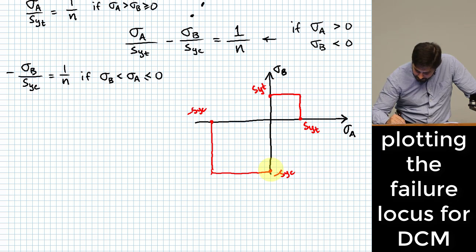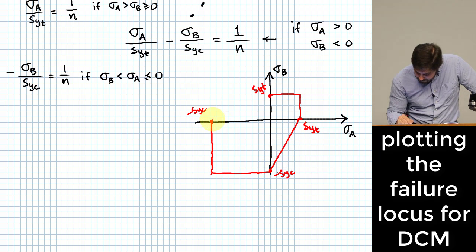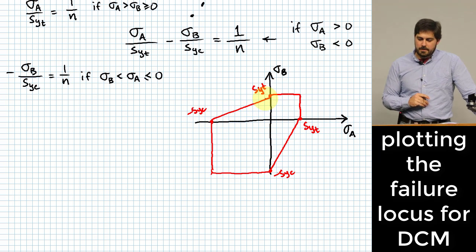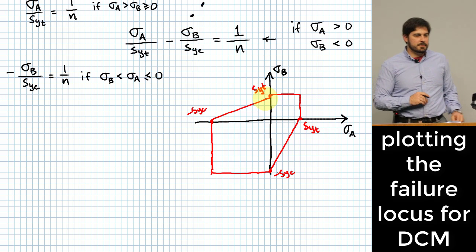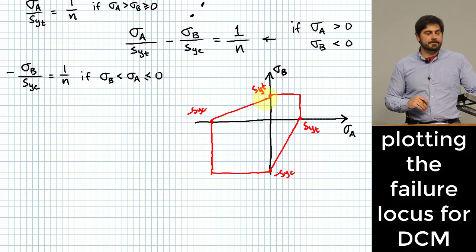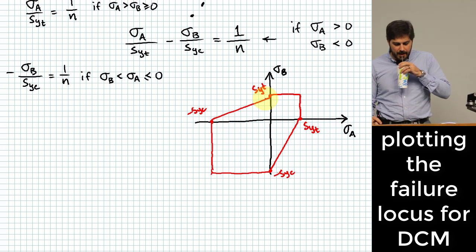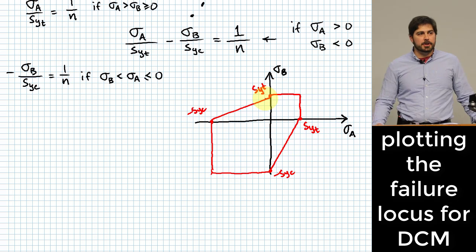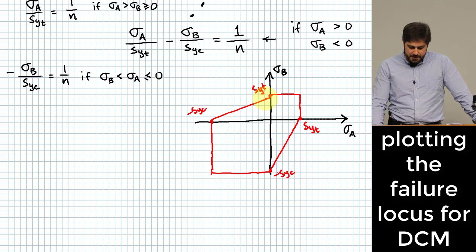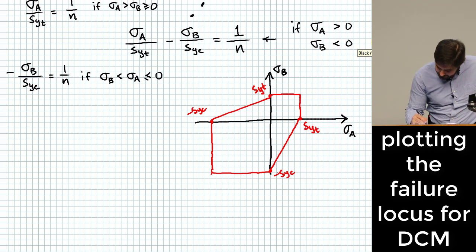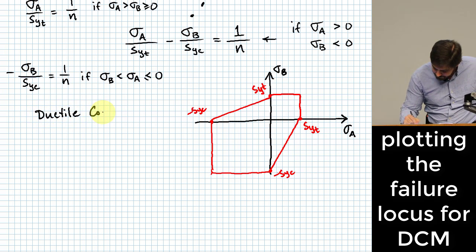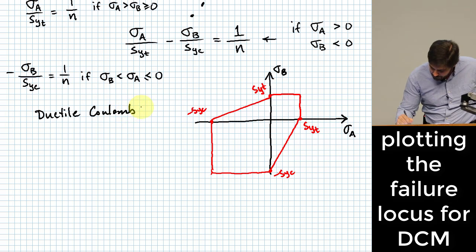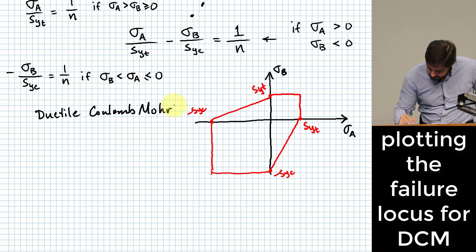And in between, we have these slanted lines. And that would be the failure locus for what is called the Ductile Coulomb Mohr criterion.